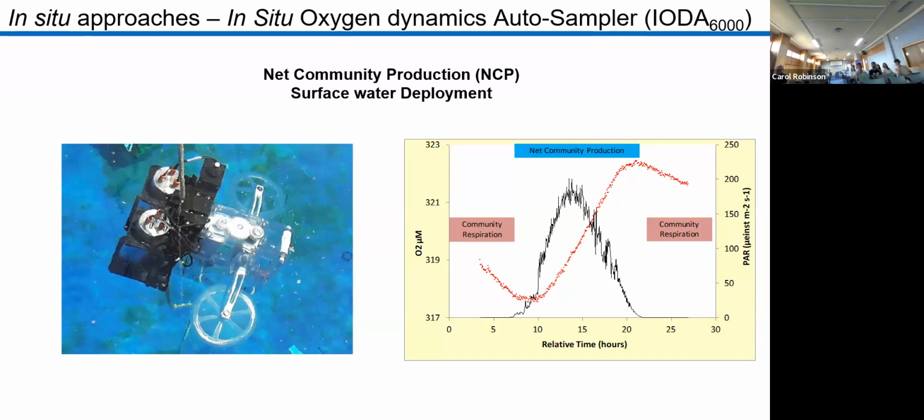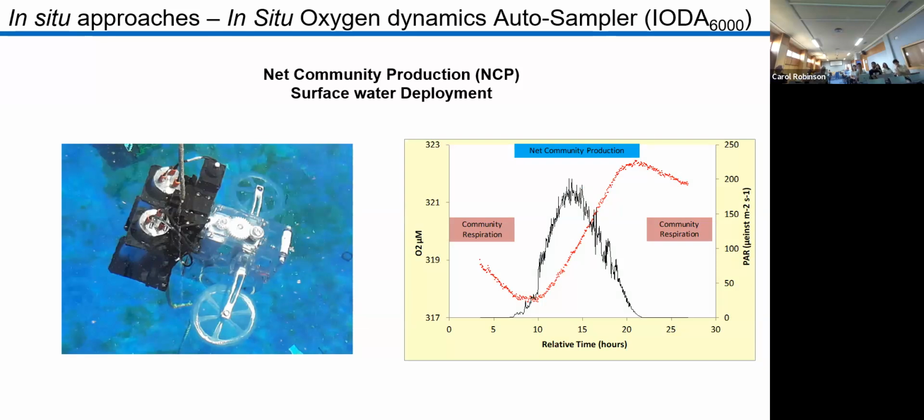Then you switch on the light, which is the light pattern taken from the PAR sensor, and you can see the sigmoid increase in the oxygen signal, accumulating with the integrated signal of the photosynthesis minus the respiration. So this is a true measurement of dark respiration, or respiration in the night, and the true measurement of net production during the light phase.